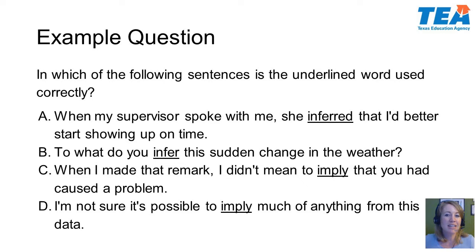So based on that definition, it doesn't really work there. So she has deduced a conclusion from evidence that I'd better start showing up on time. Well, it kind of works, right? Because that's what a synonym does. It gives you another word that's kind of in the same definition realm, but it's not really the right word.